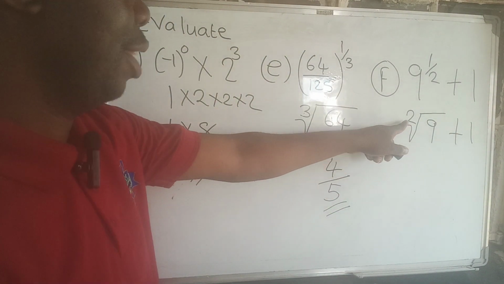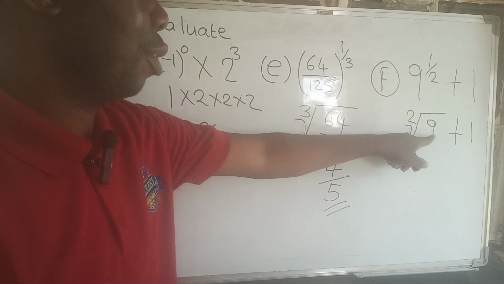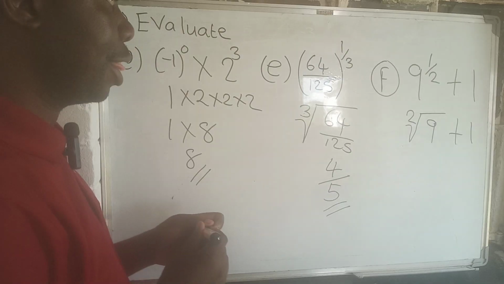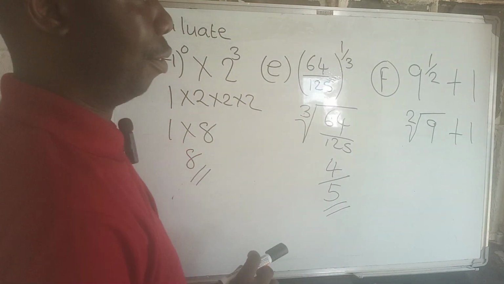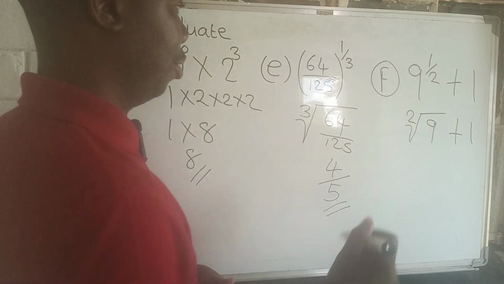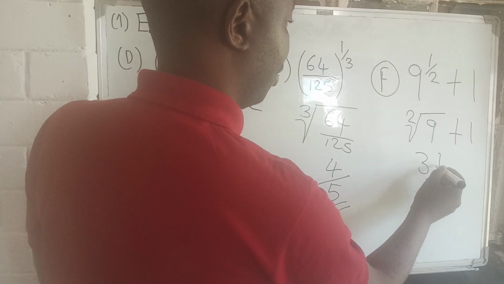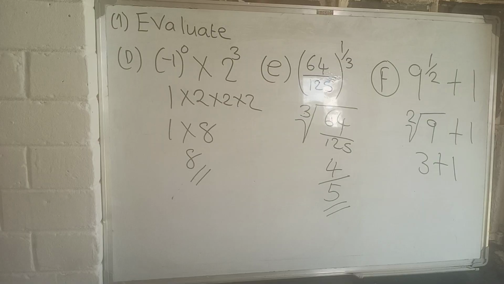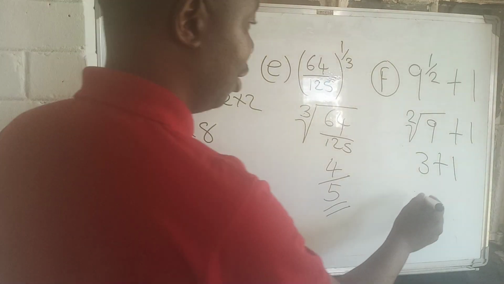Which number can you multiply 2 times to get 9? That number is 3. If you multiply 3 two times, you get 9. So here it's 3 plus 1. What is 3 plus 1?